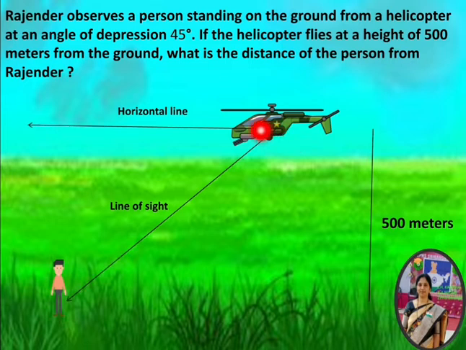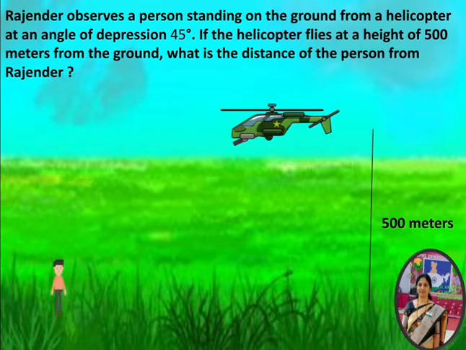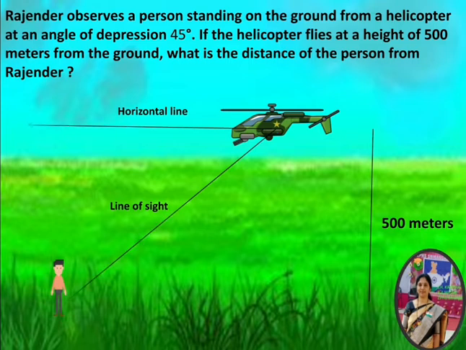So from Rajendra we have to draw a horizontal line and he is observing the person. So this becomes the line of sight. Okay. So this is line of sight. And here we get the angle of depression, which is 45 degrees.